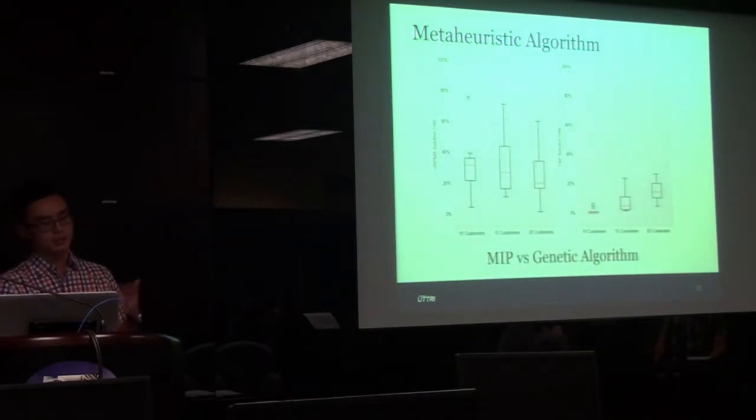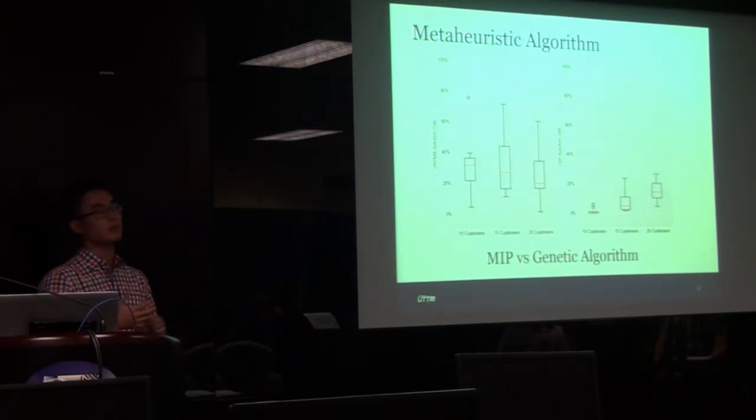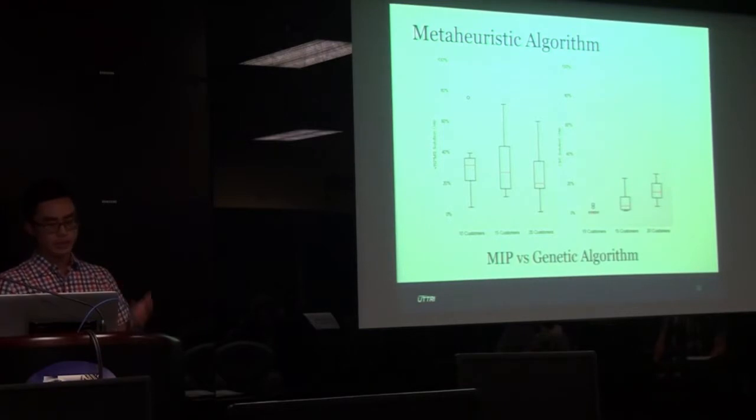And this is a result of that approach and how it compares against the mixed integer programming I developed earlier, or we talked about earlier. On the right side, this is just a pure TSP solution on customer sizes 10, 15, and 20, and this is how they did against the mixed integer programming.